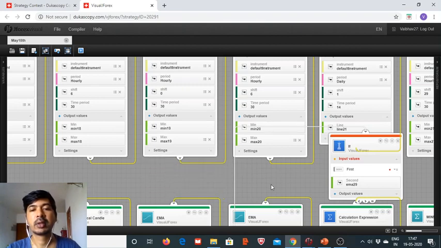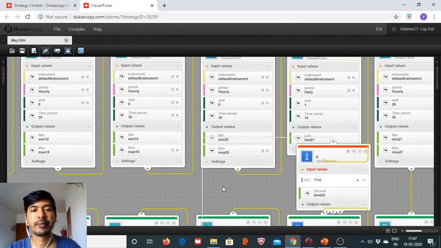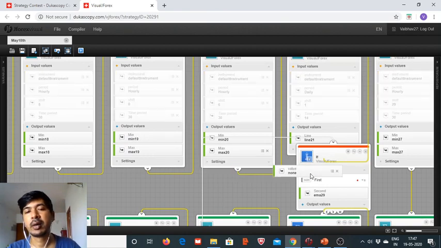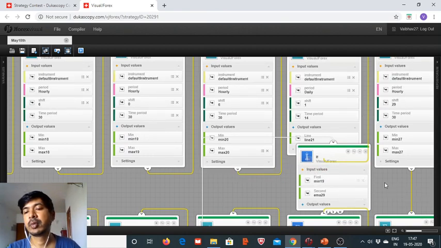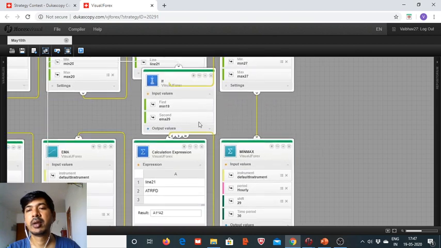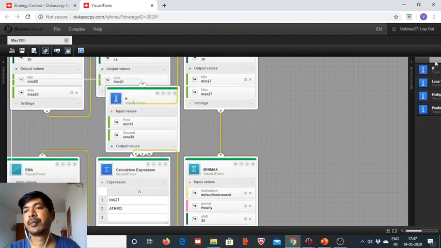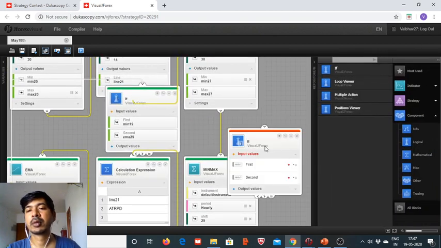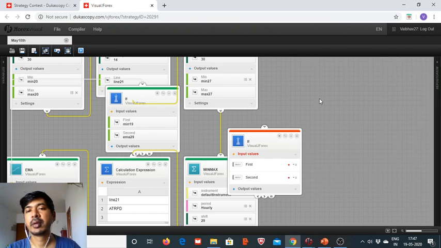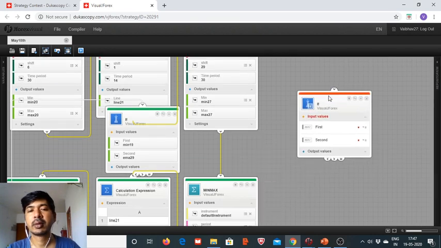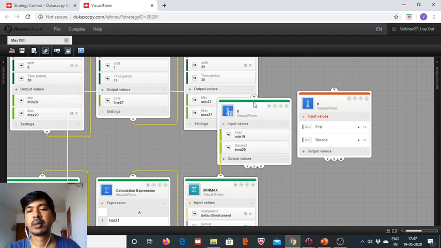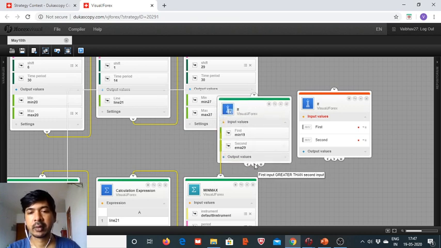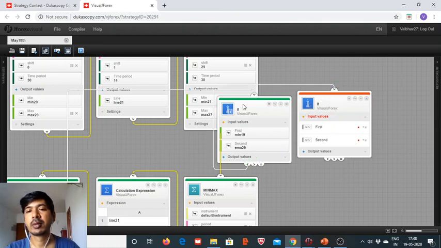Okay, so this is minima 19, which should be less than the EMA 10, so we take that, it should be less.